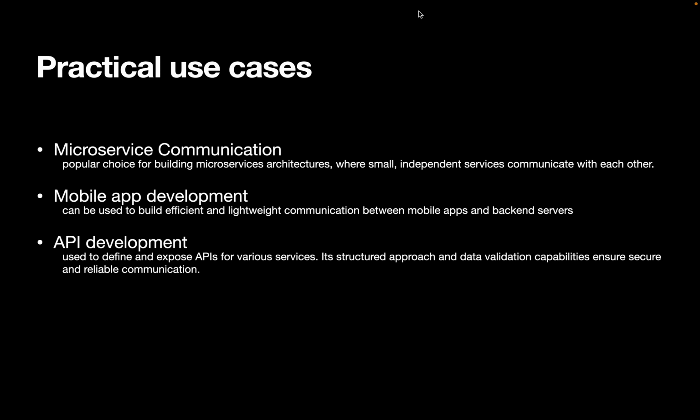Then mobile app development: everybody has a mobile app that talks to the mobile app server, and gRPC can play a very vital role in communicating from the application running on mobile to the server. And then API development. gRPC can be used to define and expose APIs to various services. So a server can host multiple services, and it can expose its services via API using gRPC, which is a very reliable and secure connection.